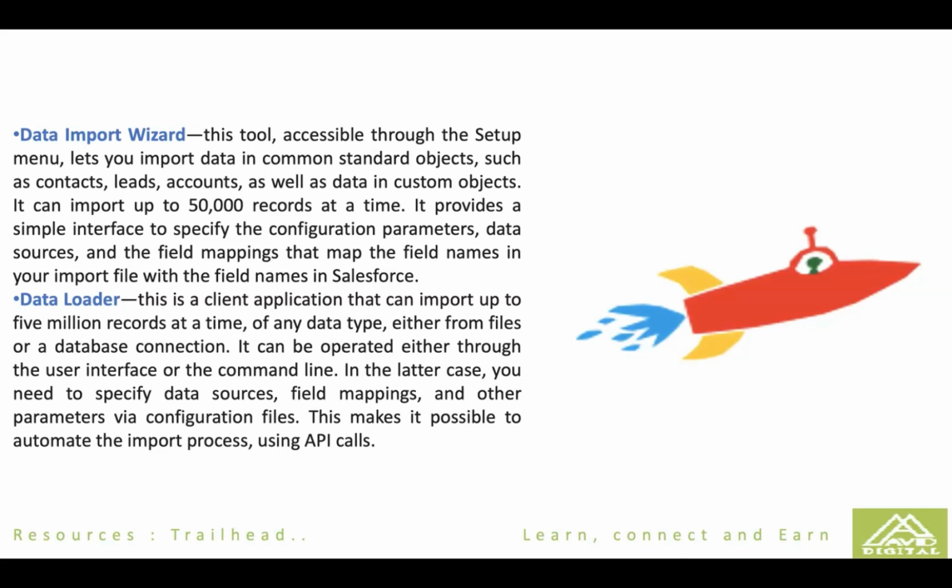The good thing about Data Import Wizard is that it provides a simple interface to specify the configuration parameters, the data source, and the field mapping. Field mapping simply means that you already have some fields on your Salesforce platform, and the record you are importing must match the fields that you have in Salesforce.